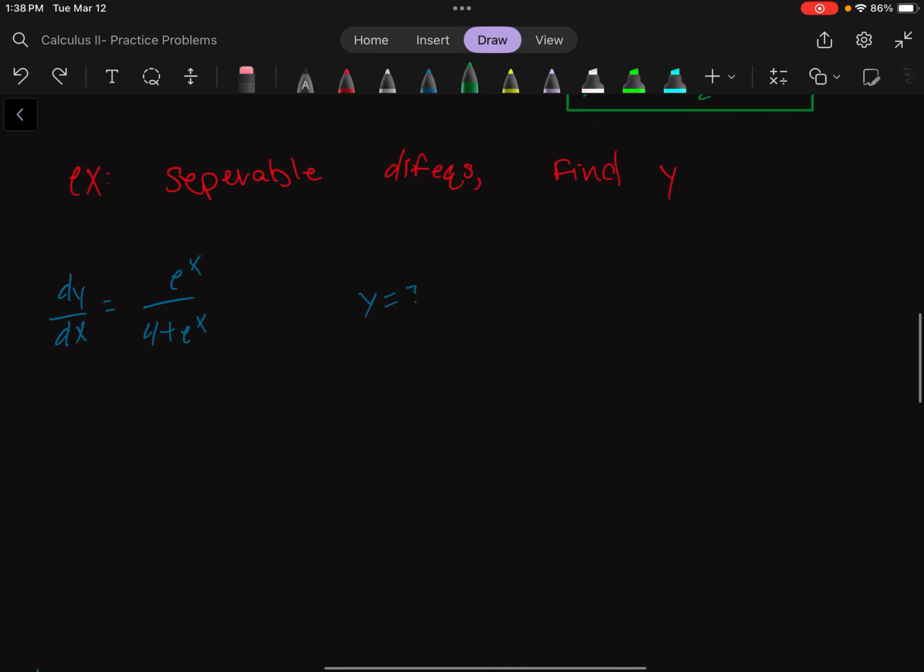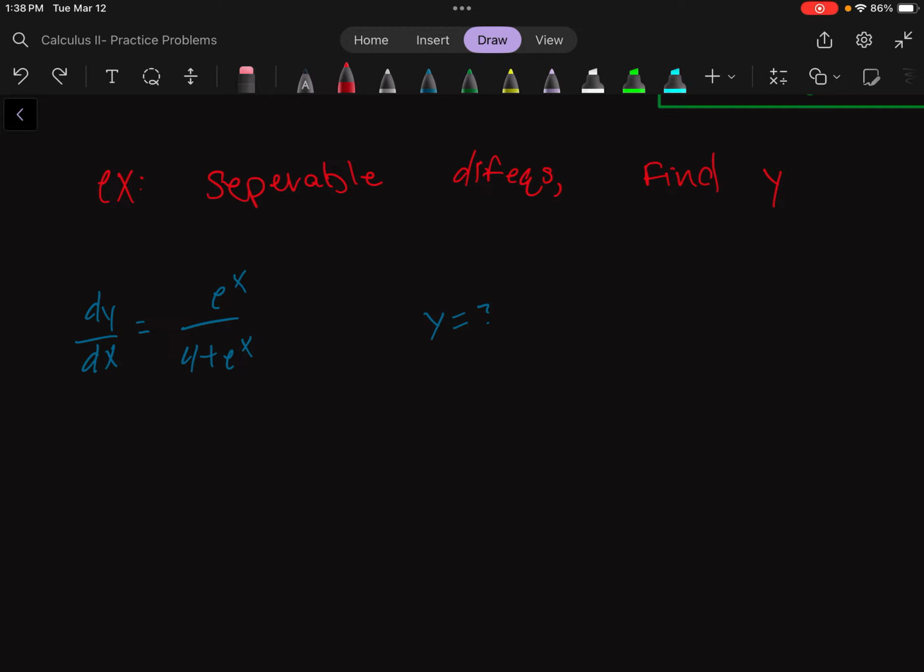Okay, now let's look at something called a separable differential equation, right? And did I spell separable wrong? I think so. Separable. Diffeqs, or differential equations. Find y. We can find y from this differential equation. Really, this dy over dx is a y prime, right? So it's something we're used to seeing.